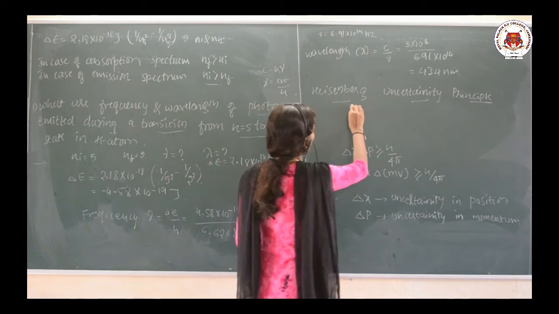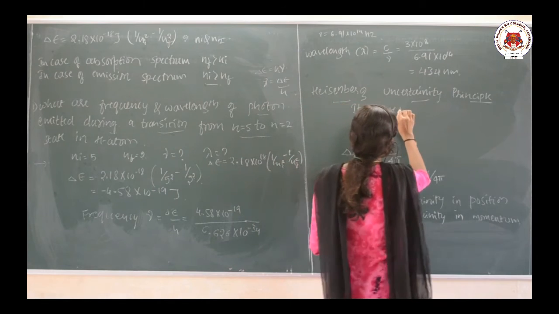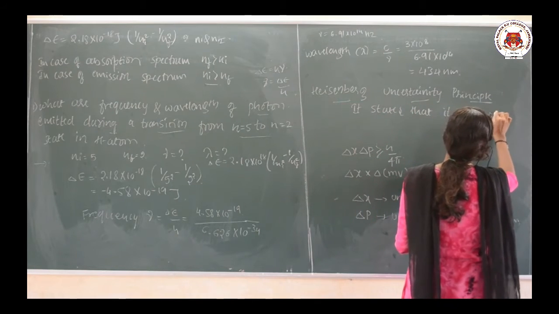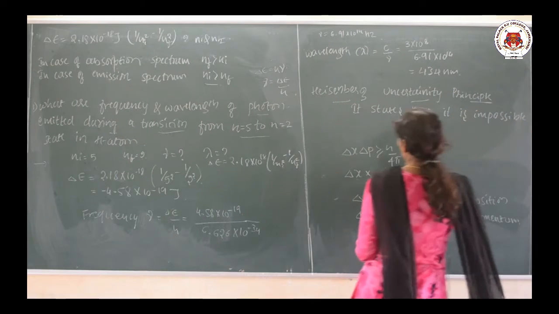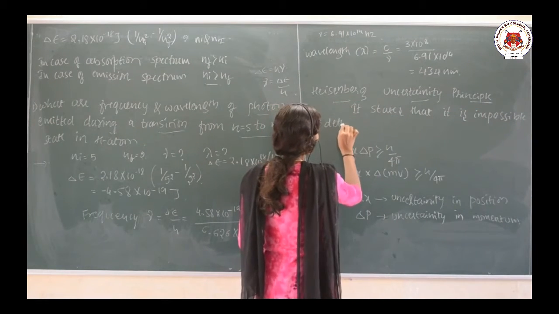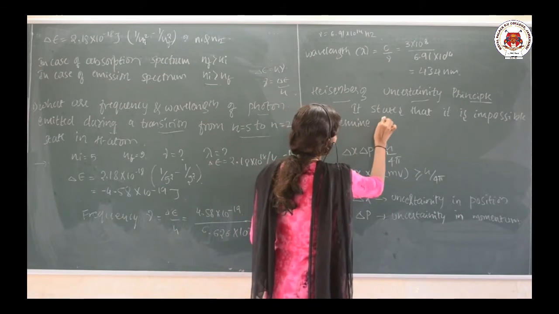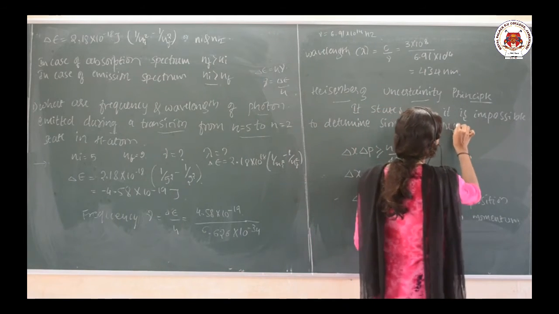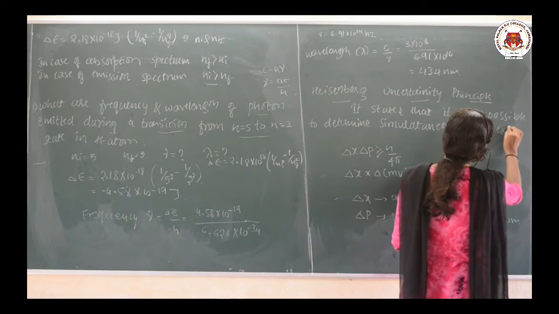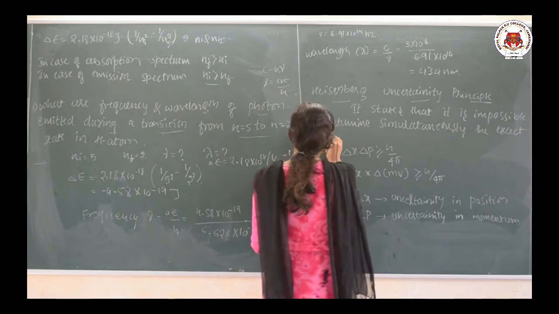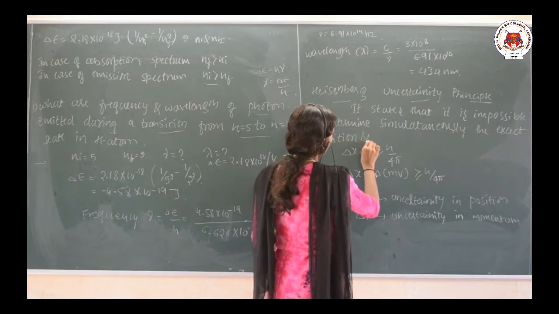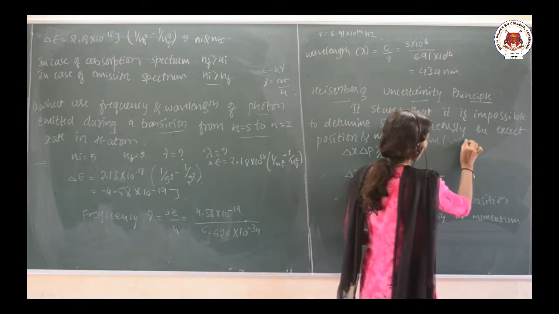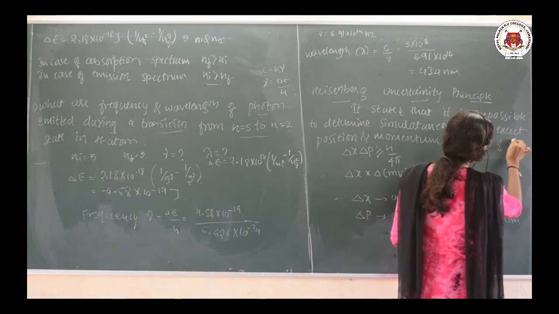See here, it states that it is impossible to determine simultaneously the exact position and momentum or velocity of an electron.